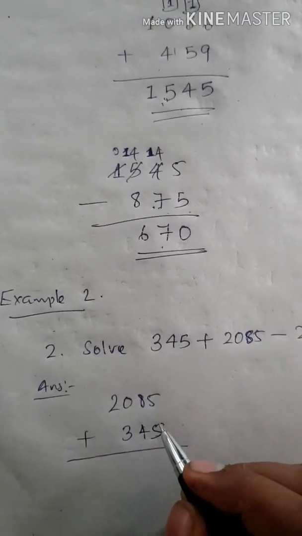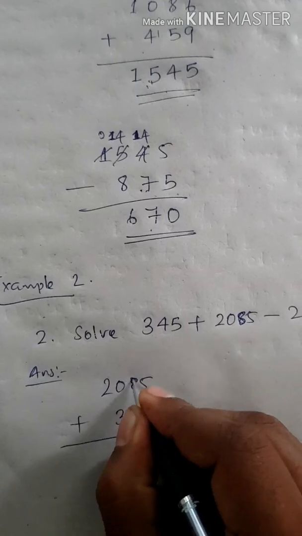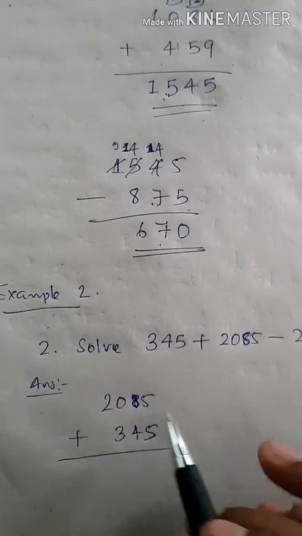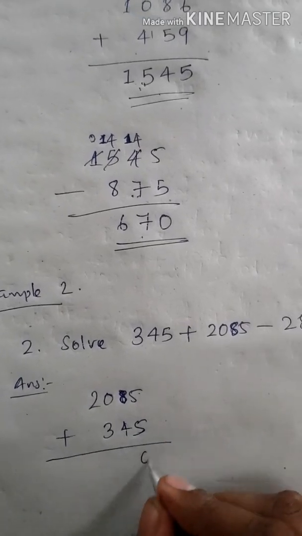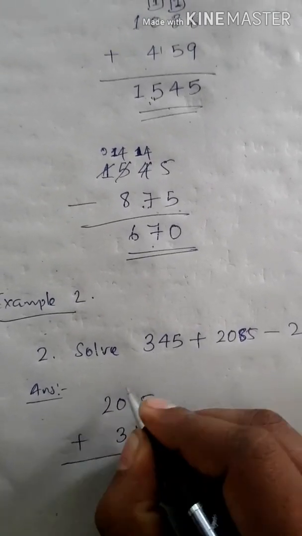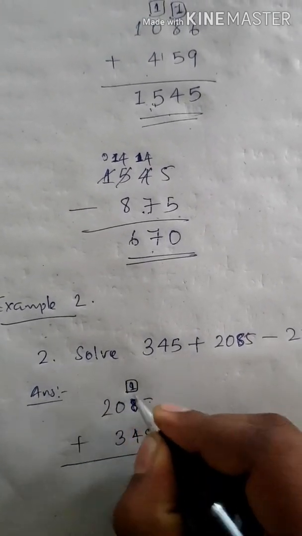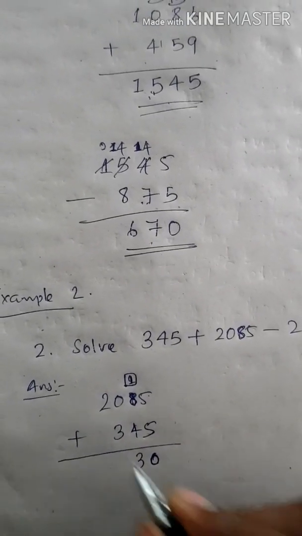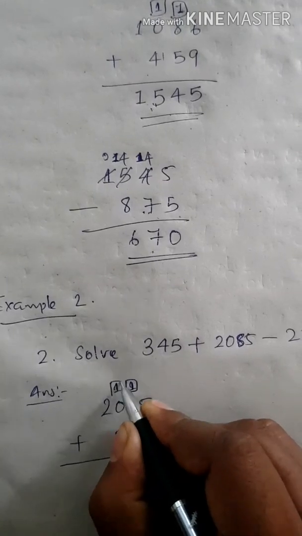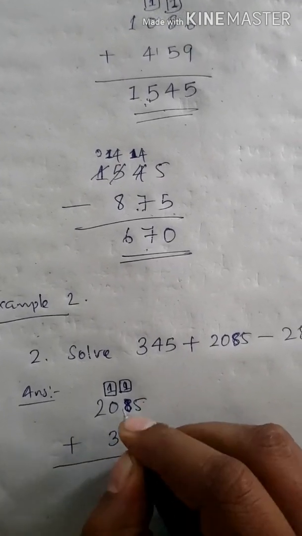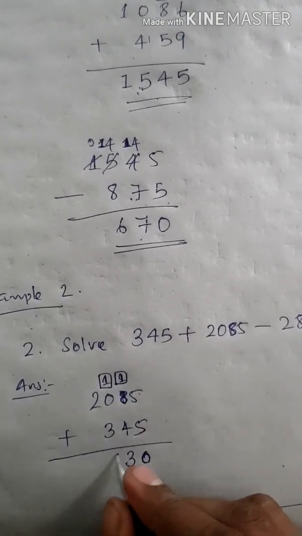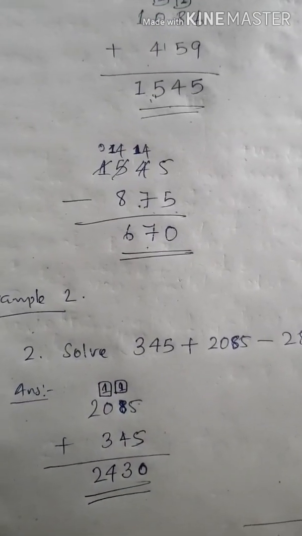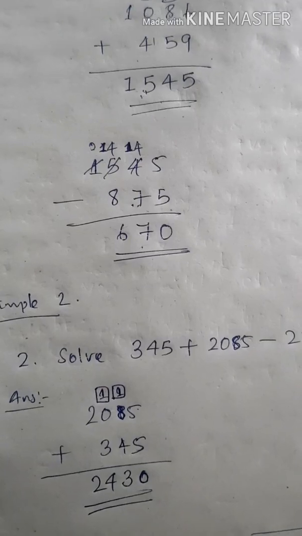Let us add the ones column first. 5 plus 5 is 10. 1 is carry. 8 plus 1, 9. 9 plus 4, 13. Again 1 is carry. 1 plus 0, 1. 1 plus 3, 4. 2 here. Okay, we got the answer 2430.